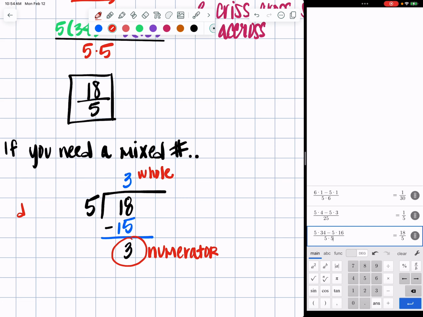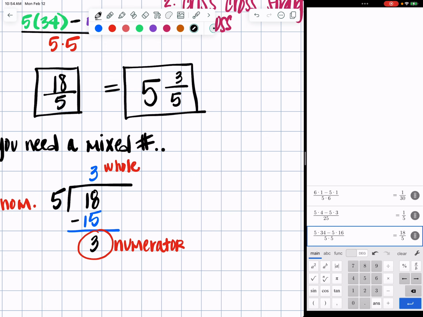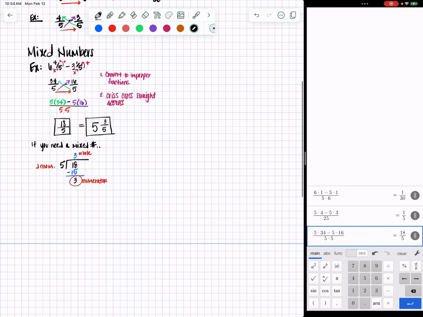And the 5 becomes the denominator. So your mixed number would be 3 and 3/5. So there's the mixed number to go along with your improper fraction.